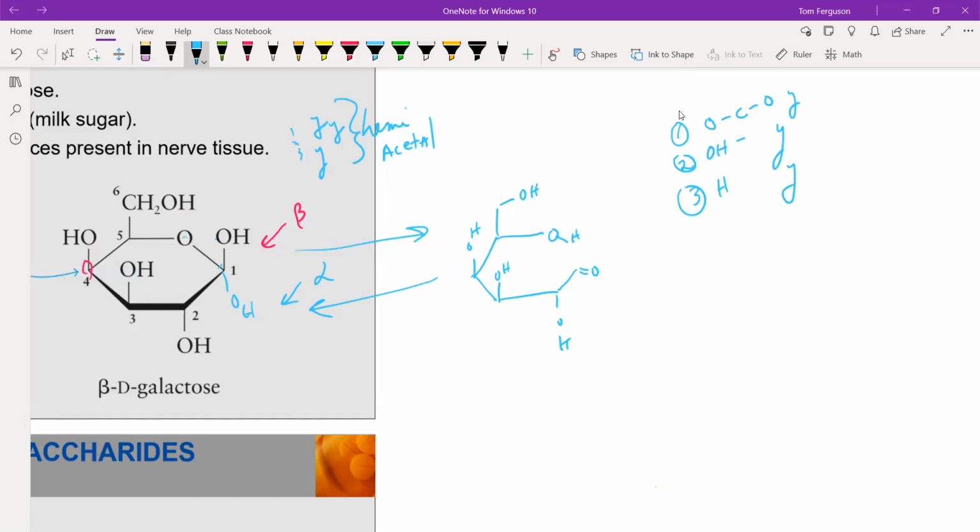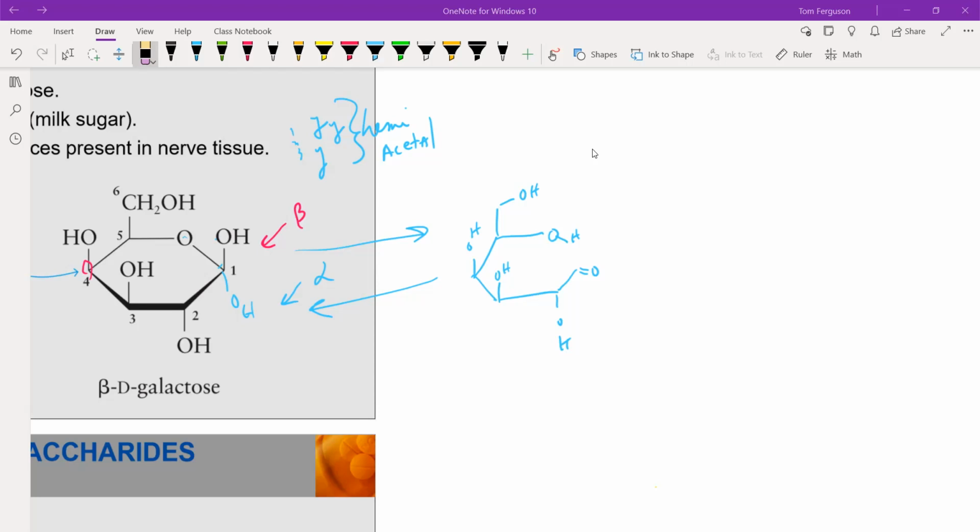Yes. That's where I got the 1, 2, 3. Yes, yes, yes. Okay, does that make sense? Okay, cool. So this galactose now is opening up.